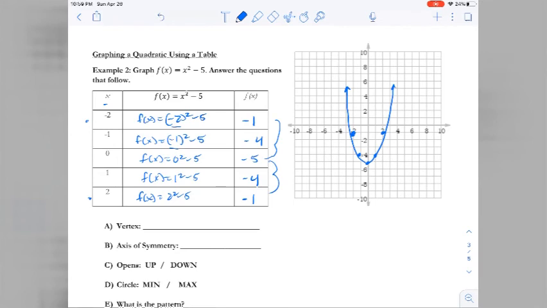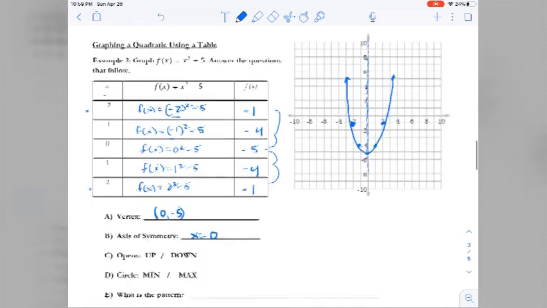Again, let's start with our vertex. Our vertex is then at 0, -5, where the curve is. Our axis of symmetry is an imaginary vertical line going through the vertex. So in this case, x equals 0.